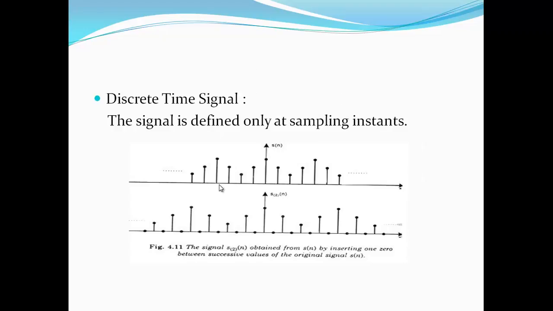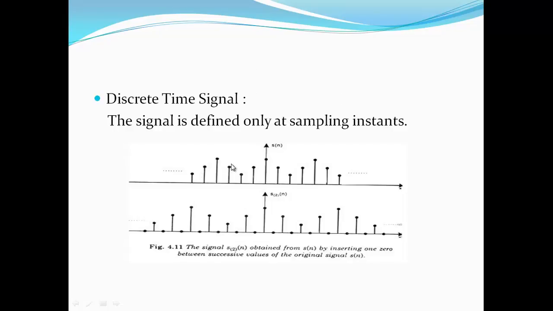Then you have discrete time signal. Again, amplitude is not considered in this. Whether amplitude is continuous or not, we are discussing the time axis. For example, this is the time axis. Here it is t1, it is t2, it is t3. Time is not continuous, it's split.